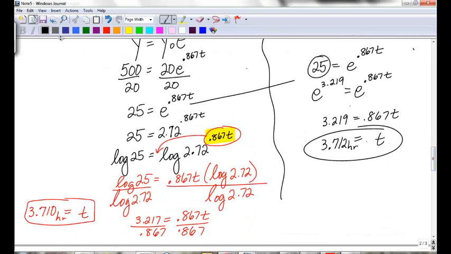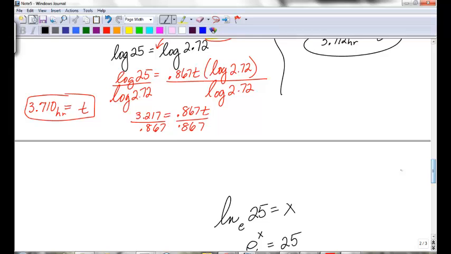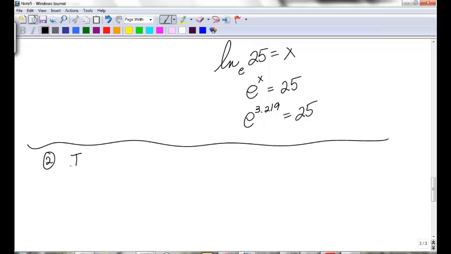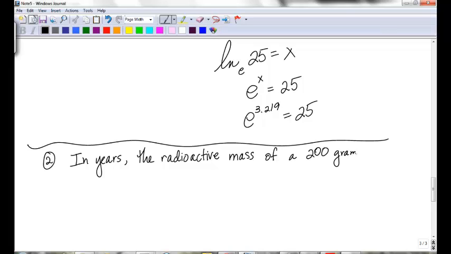Okay. Let's look at another example. In 10 years, the radioactive mass of a 200-gram sample.